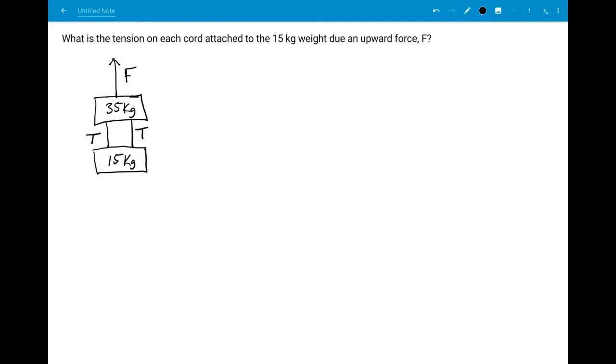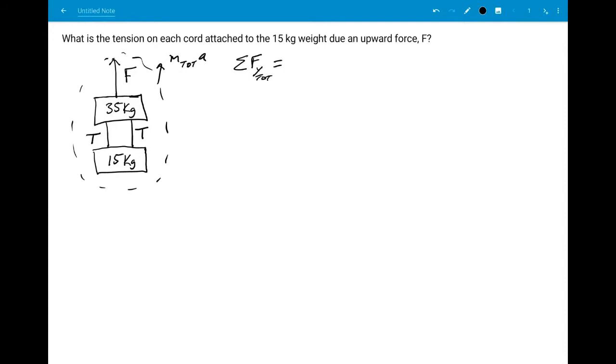Well, first we need to find the acceleration of this whole system as it goes upward. So that means mass total times this acceleration, which is in the positive direction upward. Let's find the net force of the system.